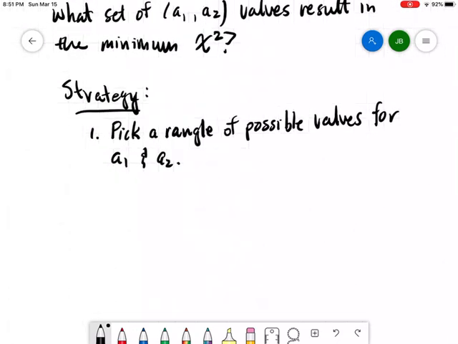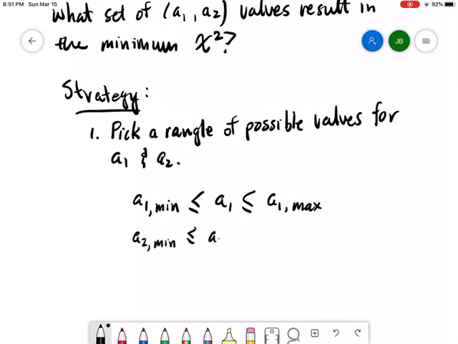We're going to say a1 can't possibly be less than some a1 minimum, and it can't be greater than some a1 max. Likewise, there's some minimum possible value for a2, and there's a maximum possible value for a2.